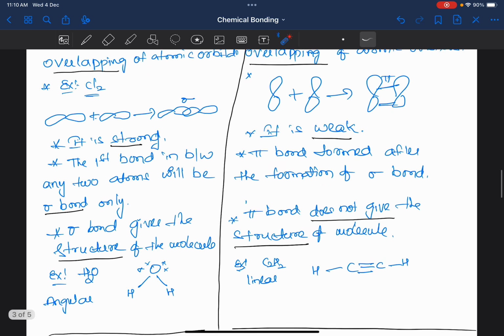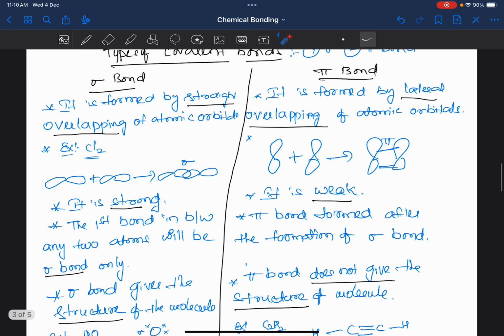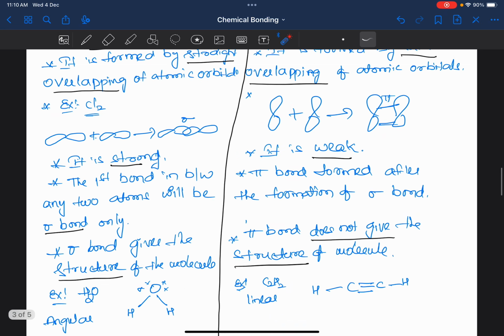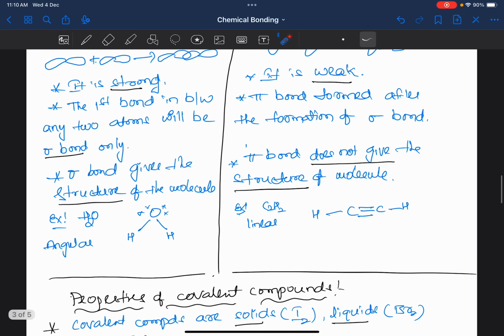So these are the differences between sigma bond and pi bond. Sigma bond is formed by straight overlapping of atomic orbitals and pi bond is formed by lateral overlapping. This overlapping is said to be straight and this overlapping is said to be partial. Sigma bond is strong and pi bond is weak.